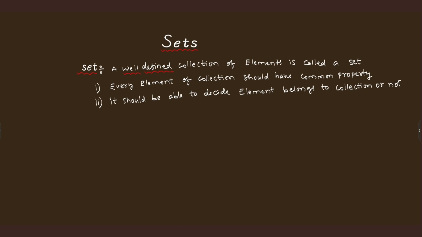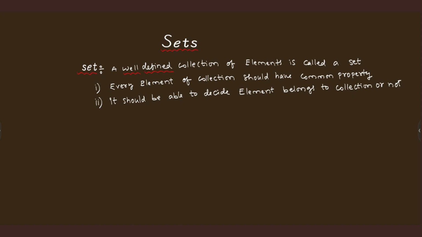All these colors have one common property, that they are the colors of the rainbow, and when you take any color, you are able to decide whether that color belongs to the collection or not. For example, if you take red, yes, red belongs to the collection. If you take purple, purple is not there in that collection. So this collection also is a well-defined collection.